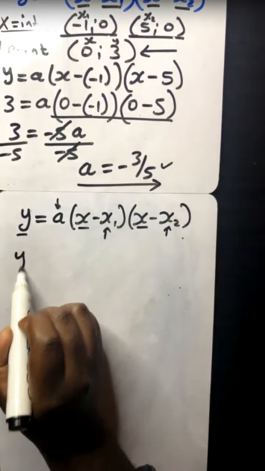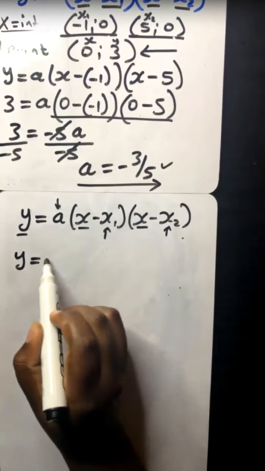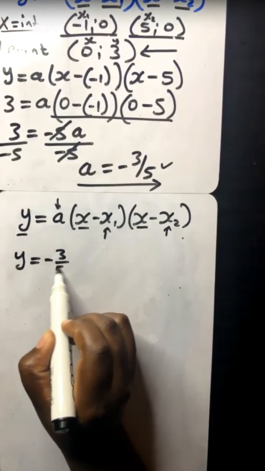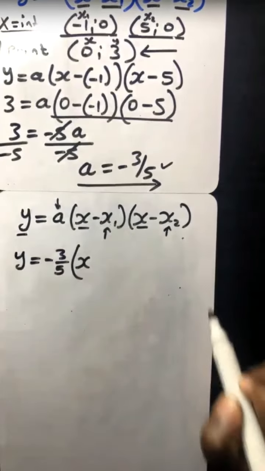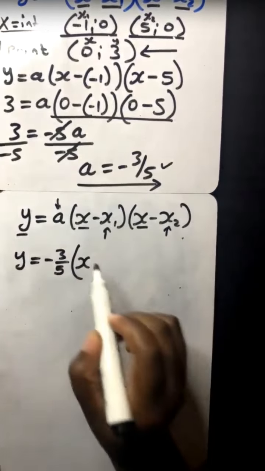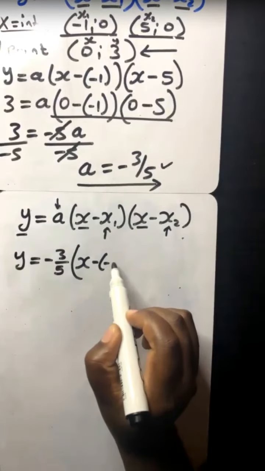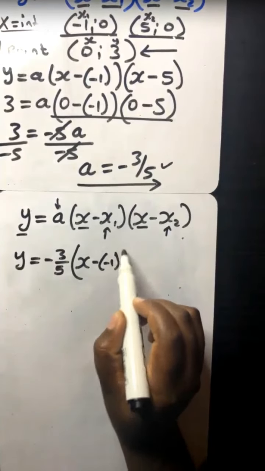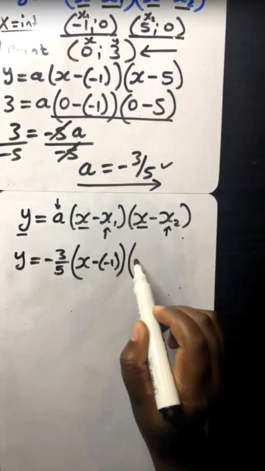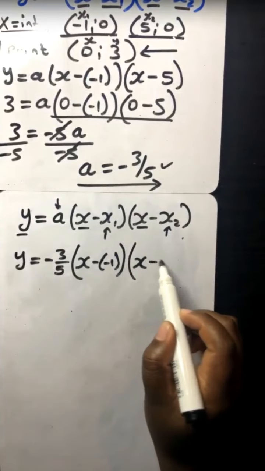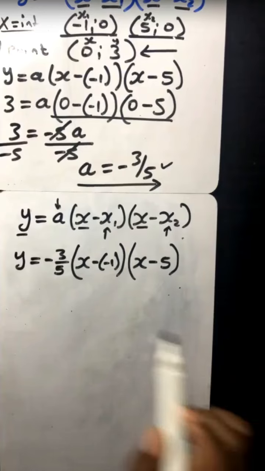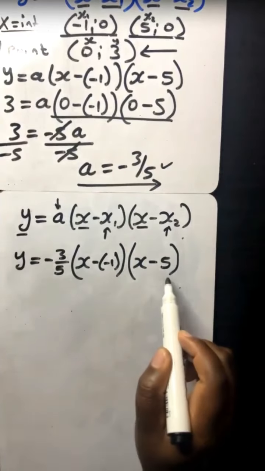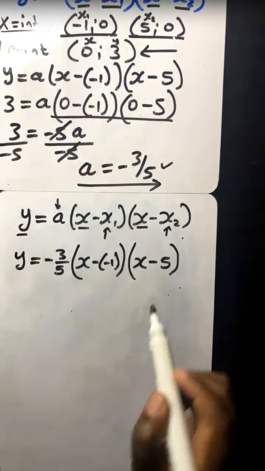So you just say y is equal to, what is our a? We said it's -3 over 5 into x, then what was that one? It was -1, and then you write x as it is, minus 5. What you do is simplify all of this until it's in standard form.